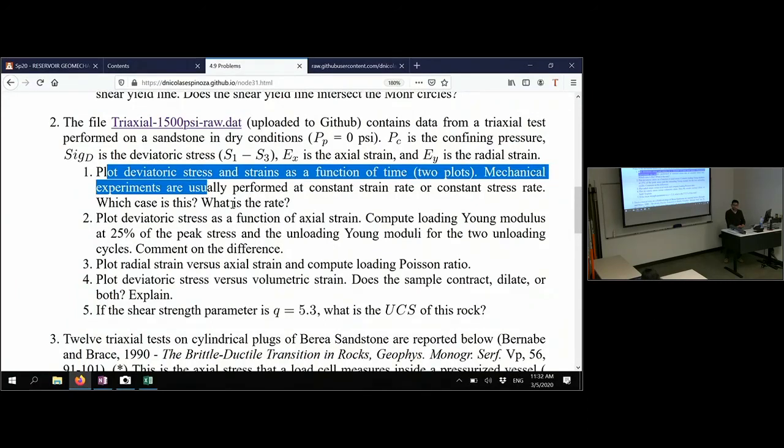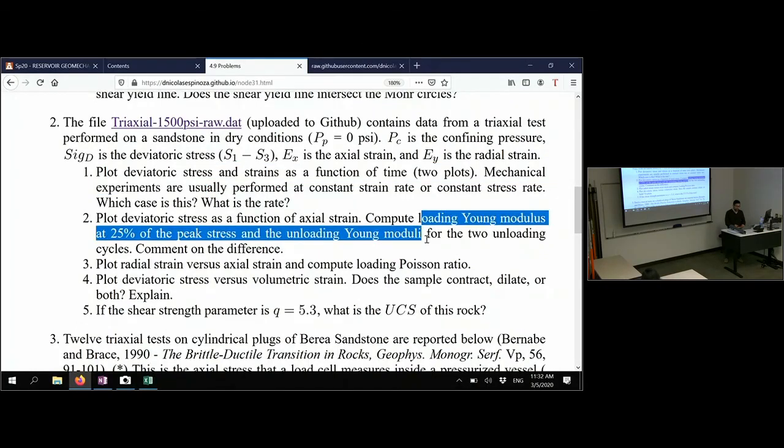Something important that you also have to calculate is the velocity of loading. That's what is called the strain rate: how much the deformation is changing with time. Then you have to compute a Young modulus for loading and a Young modulus for unloading for the two cycles actually.